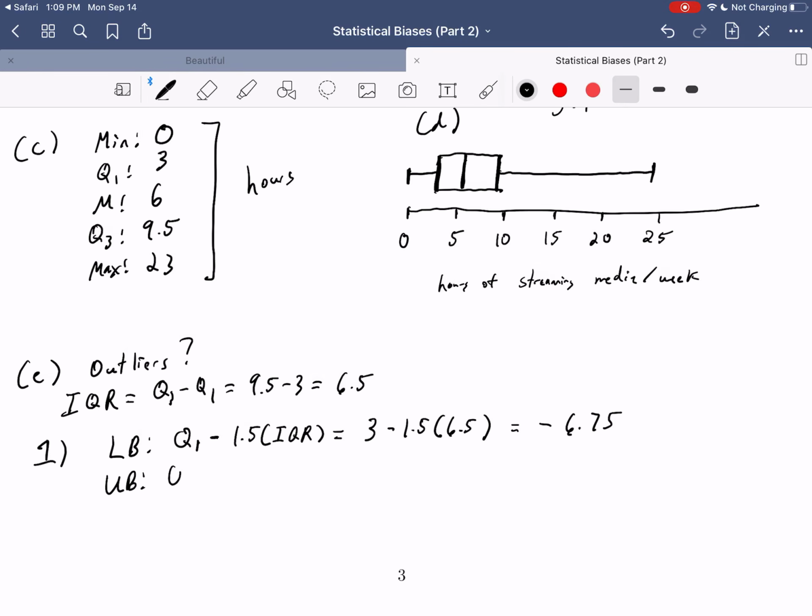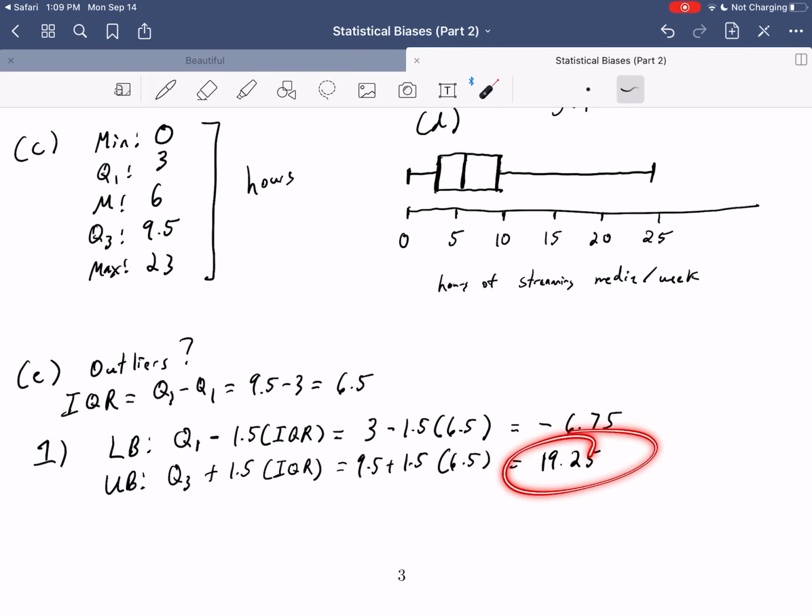Let's look at the upper bound. That's going to be Q3 plus 1.5 times the IQR. The Q3 here was 9.5 plus 1.5 times 6.5. And if we do that on our calculator, 9.5 plus 1.5 times 6.5, we should get 19.25.